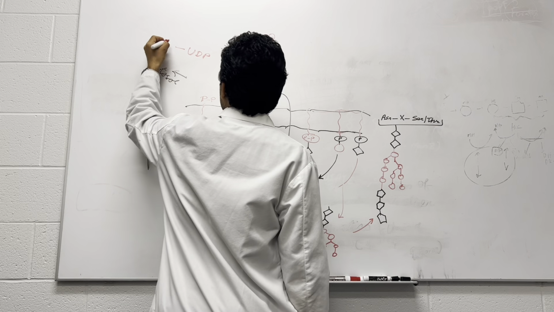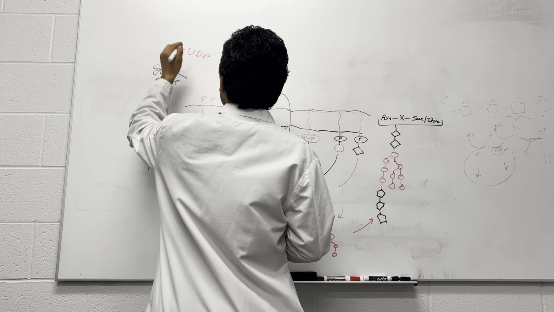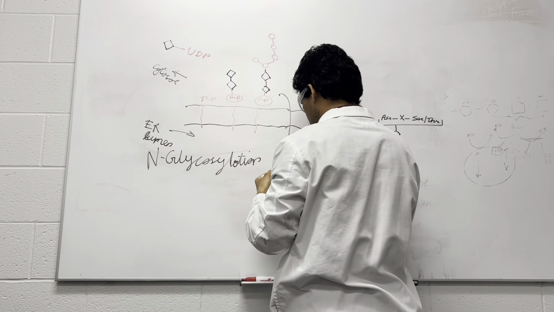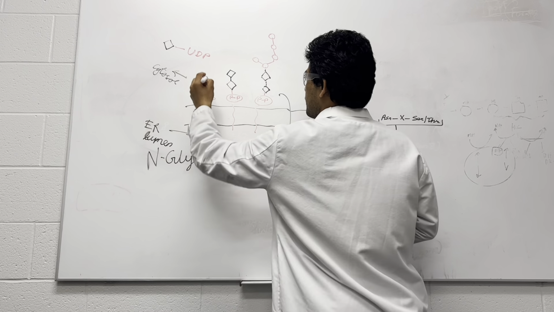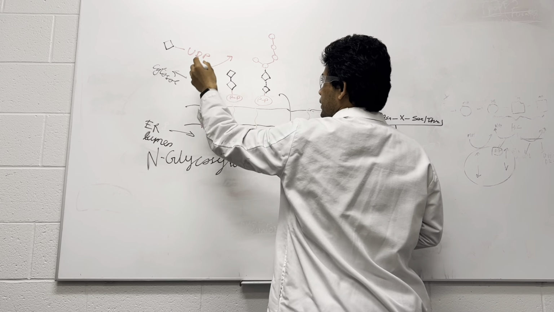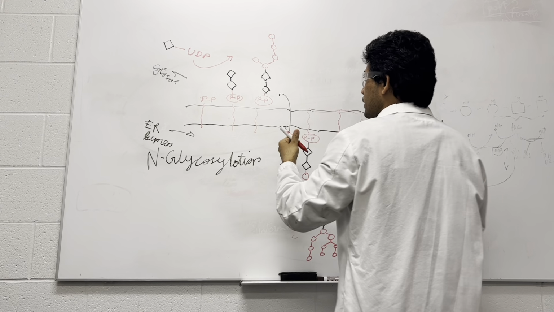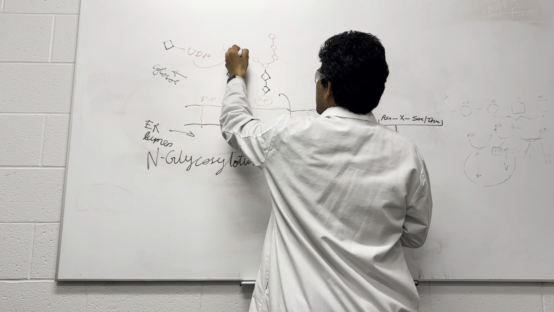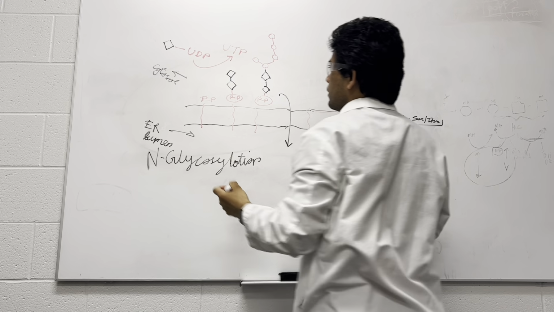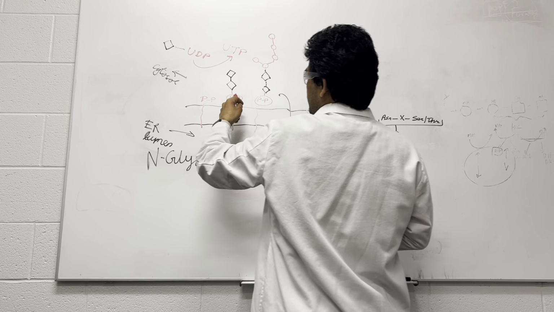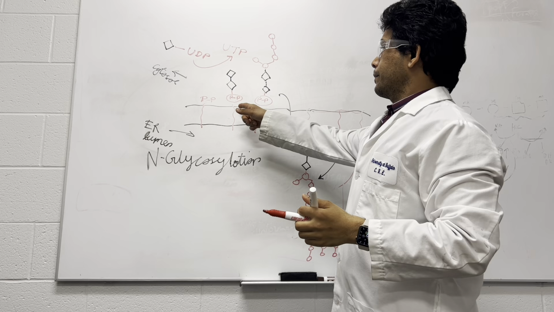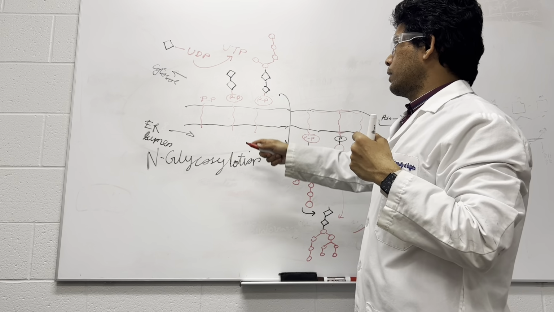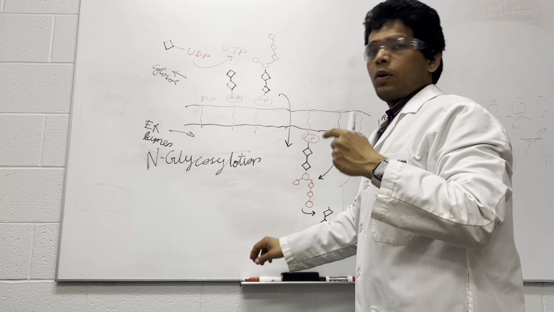UDP comes with this, and it reacts with the endoplasmic reticulum membrane and forms UTP and releases this N-acetylglucosamine to the diphosphate Dolichol chain.